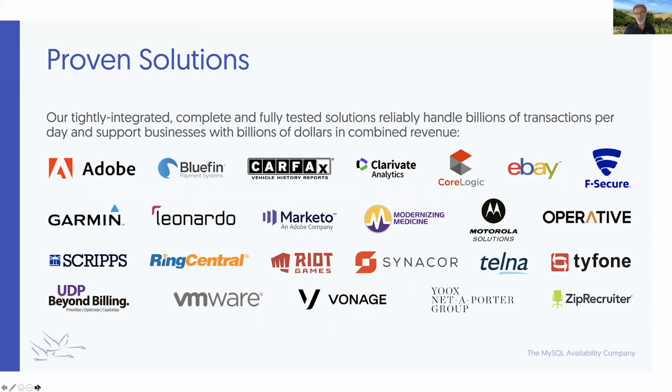And you likely recognize companies like Garmin, which was dealing with a number of outage issues recently on their Windows platform, and they actually are in the process of converting some of those to the Continuent platform as we speak. And then you can see companies like Riot Games, VMware, Vonage. So a lot of big companies are relying on our solutions.